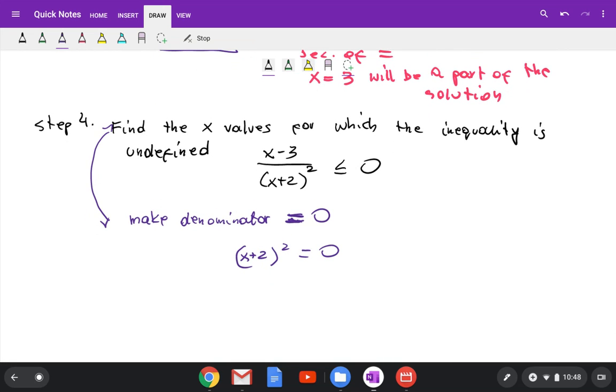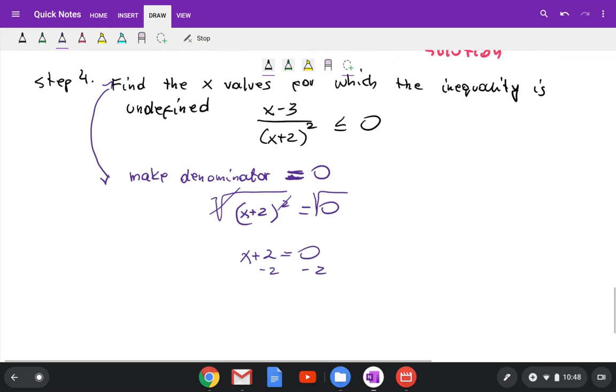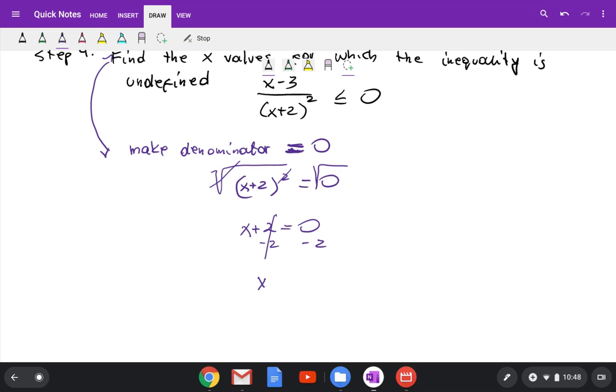Okay, so to not have a second power, you can just take the square root of both sides, and the second power and square root undo each other, and you end up with x plus 2 equals 0, which means x is equal to negative 2. So for x equal to negative 2, this inequality is undefined, so we won't be able to graph it.